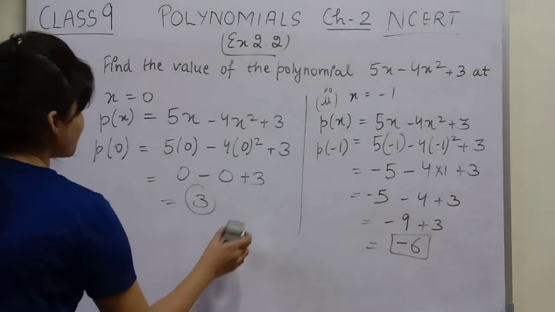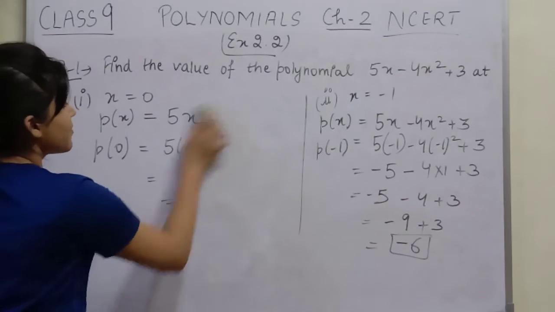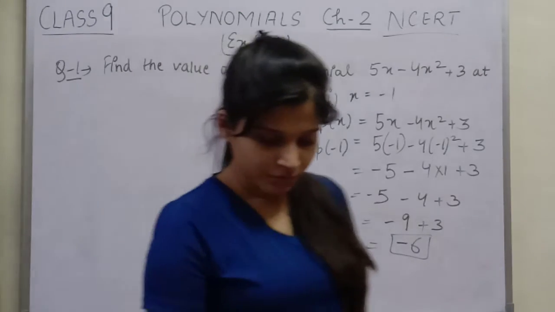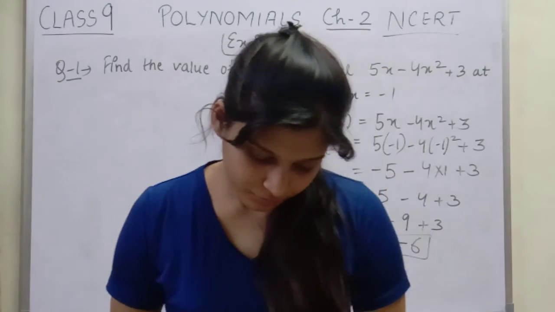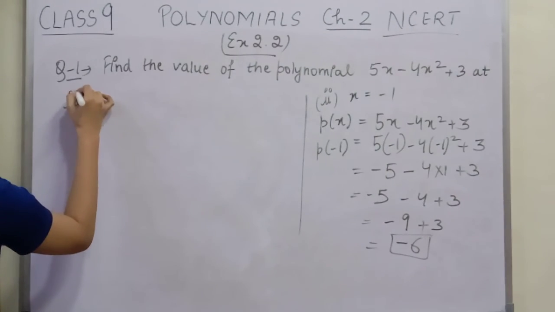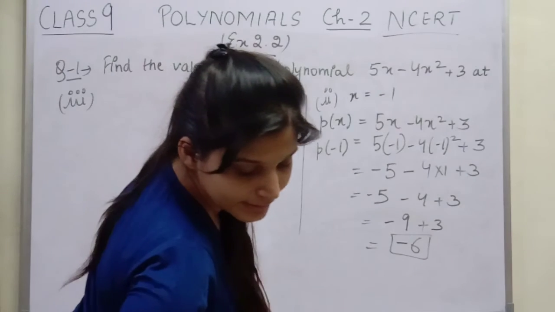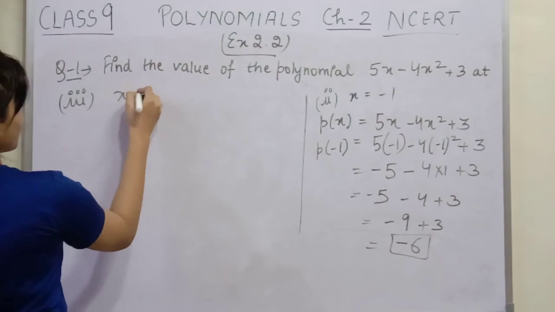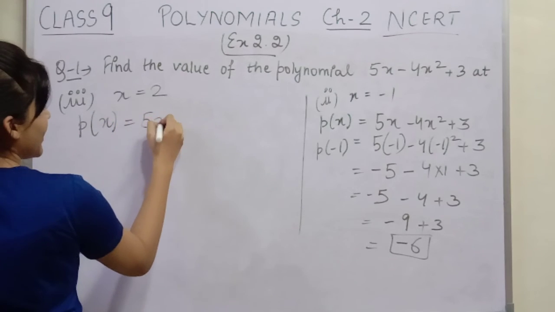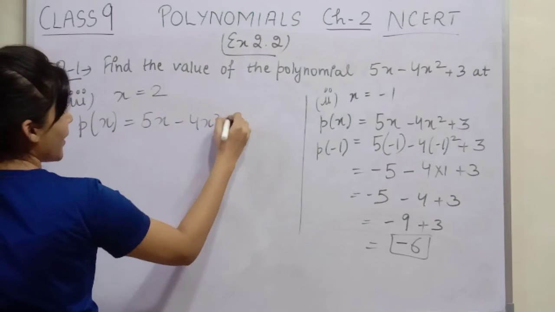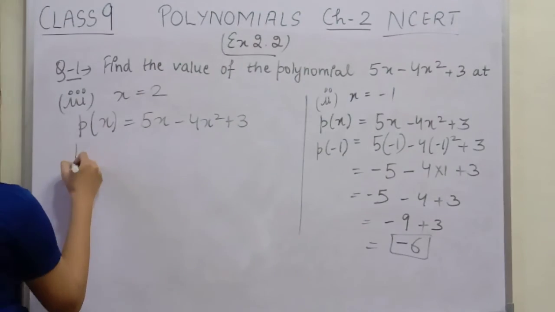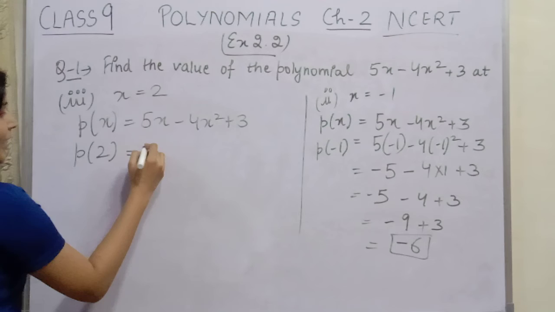Now let's come to the third part and the last part of this question. The third part is at x equals 2. So now we have to put the value of x as 2. So this is 5x minus 4x squared plus 3. In place of x we will put 2.